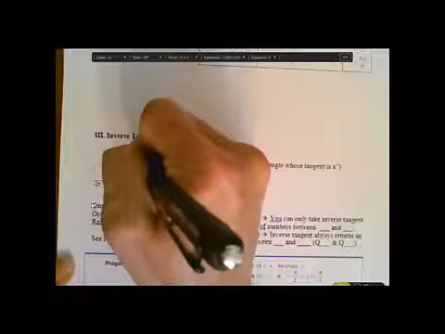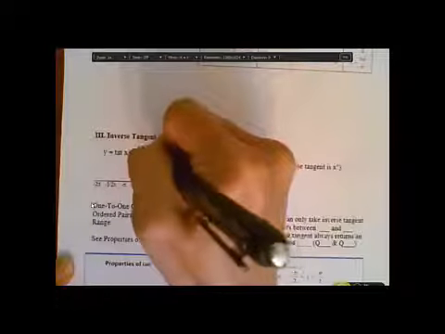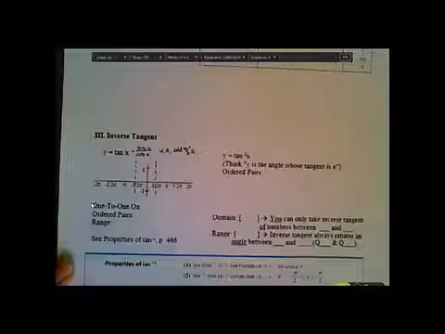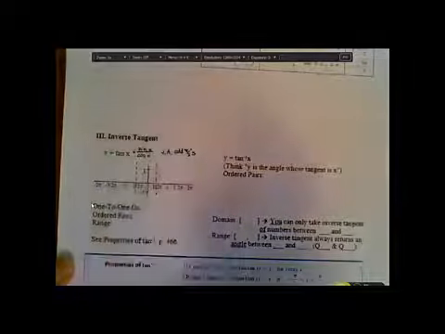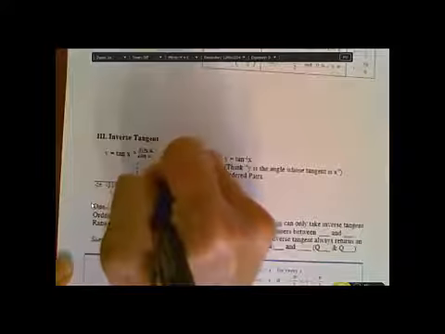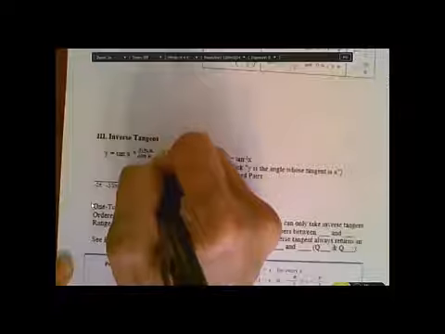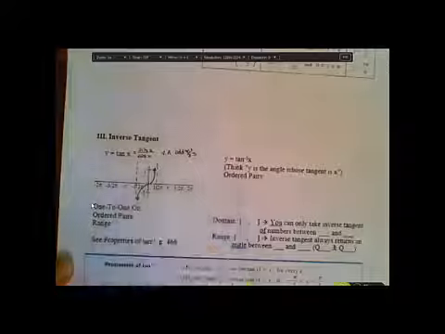When we first talked about inverse tangent, we said we will just use the period of tangent from negative pi over 2 to positive pi over 2. And we said between its asymptotes, tangent kind of looks like x cubed. It approaches those asymptotes.